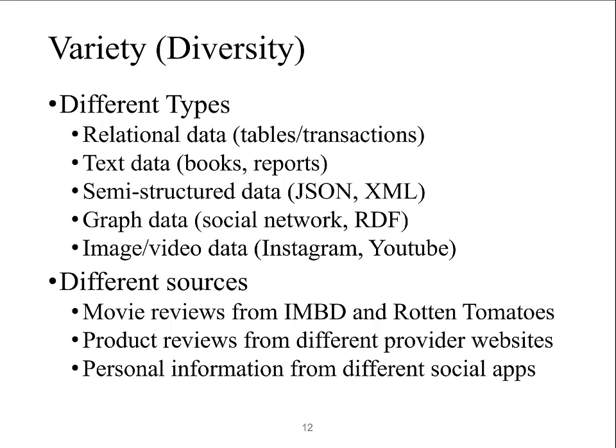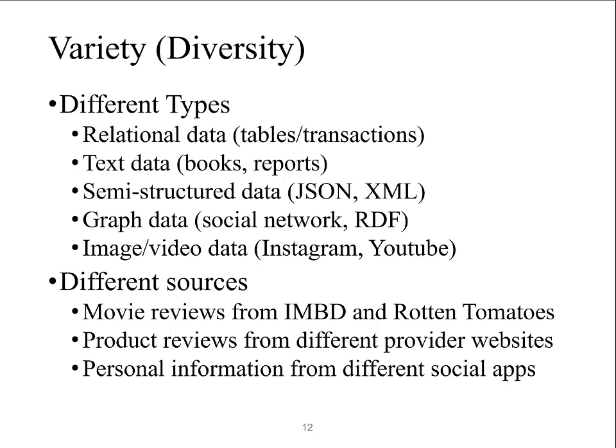For different data types, we have relational data, which are tables and transactions. These data are the data in traditional databases. I think you've played with it in the database systems course.